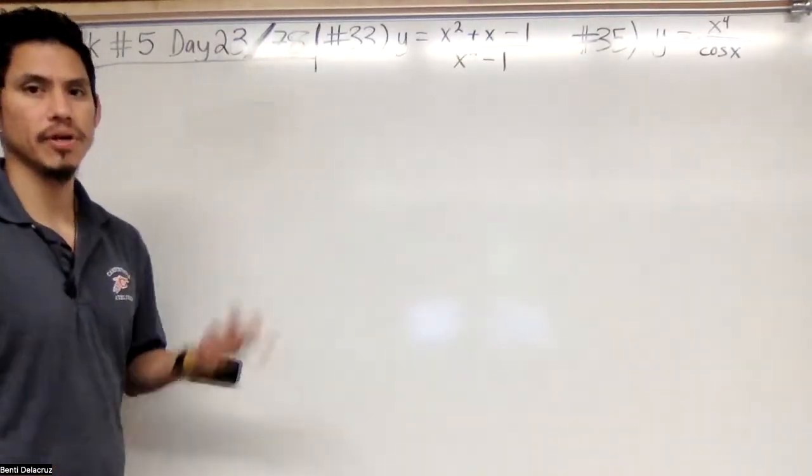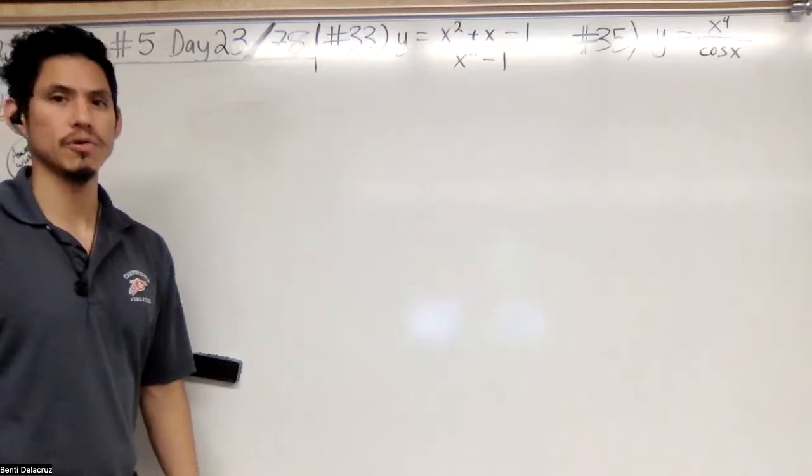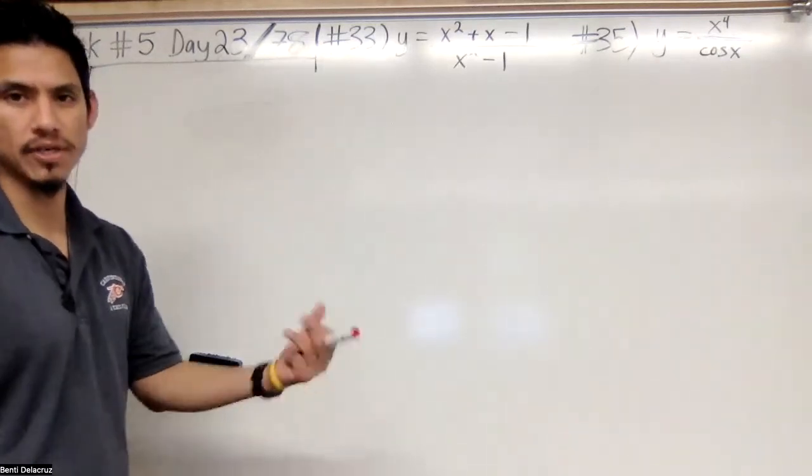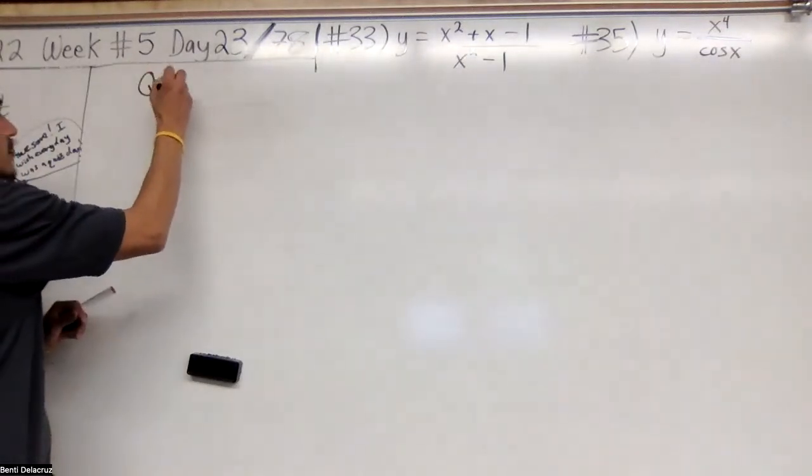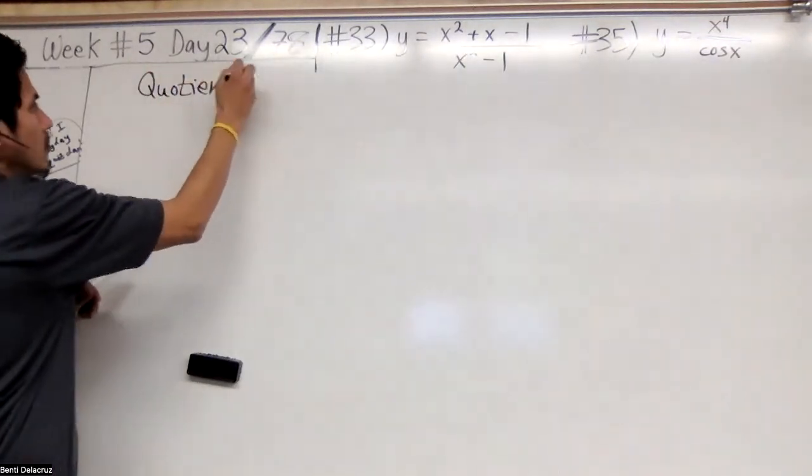All right, so in this video, I'm going to go over how we can use the quotient rule to find the derivatives of functions in calculus. So let's first go over what the quotient rule says.